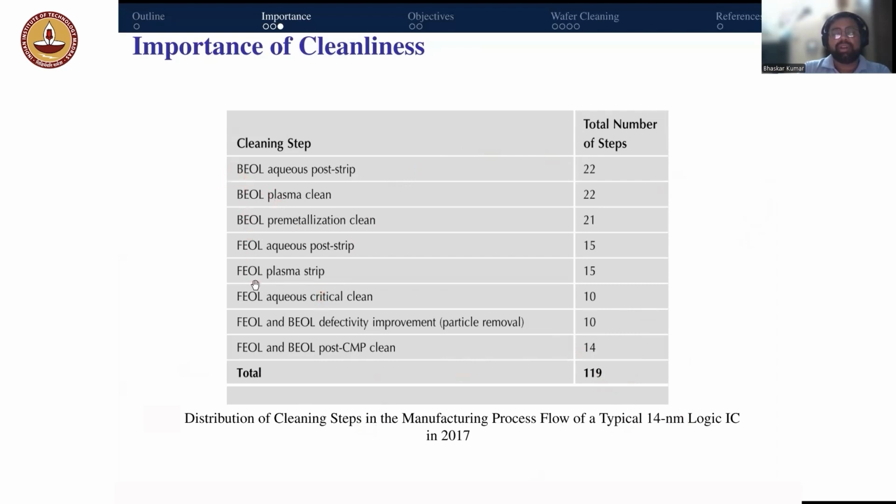BEOL and FEOL refer to the back end of the line and the front end of the line processes. The front end of the line typically covers the processes in the initial stages, such as where silicon oxide and silicon nitrides are present, while the back end of the line processes are those after metallization, where the interconnects and all have been laid down. So you can see that a huge number of processes are typically involved in cleaning.